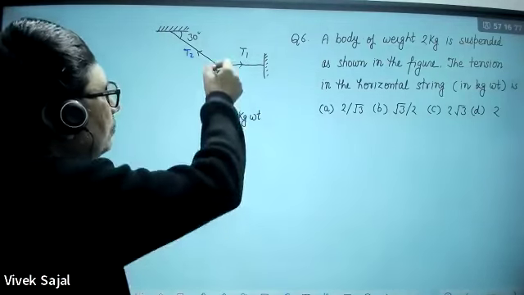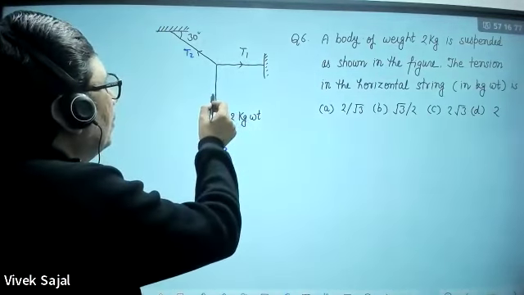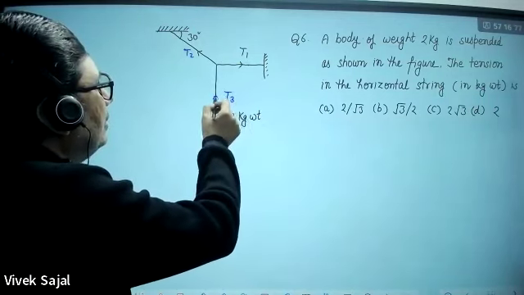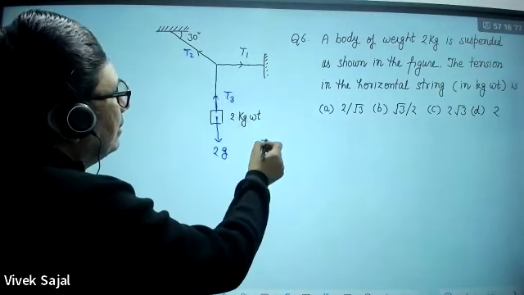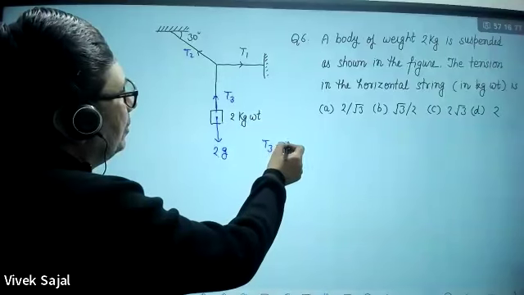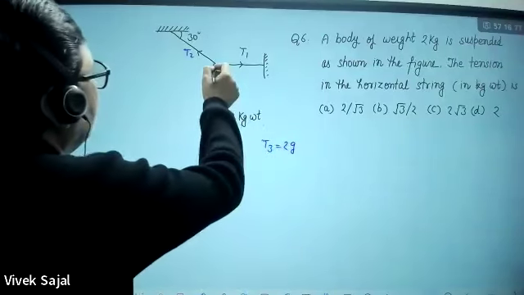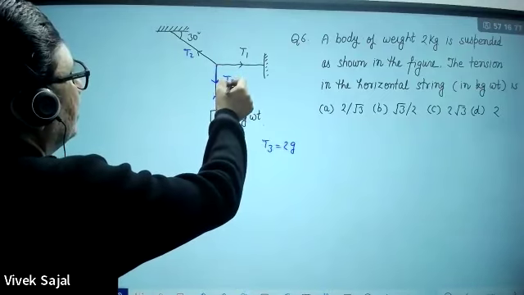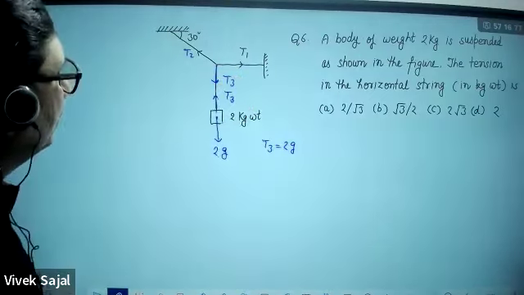If you want to draw the tension here, suppose T3, then this T3 will be 2g. And at this point, you have to apply T3.